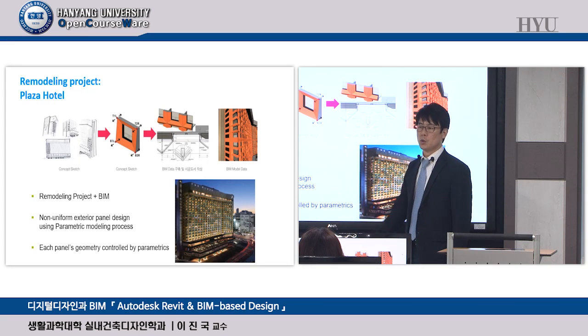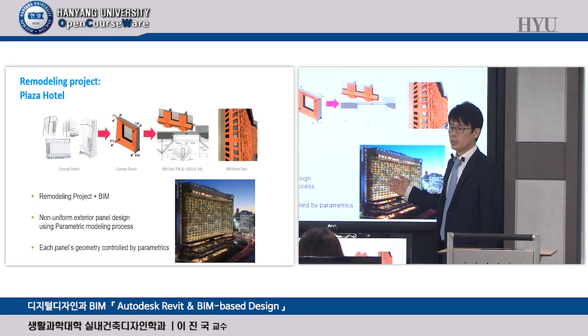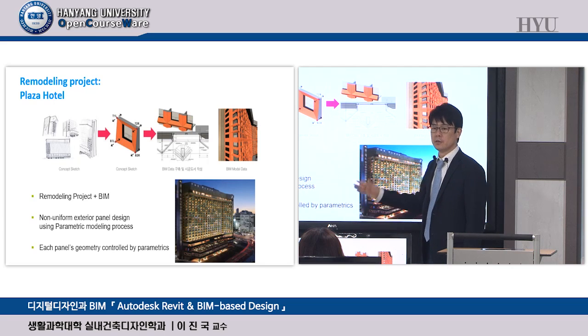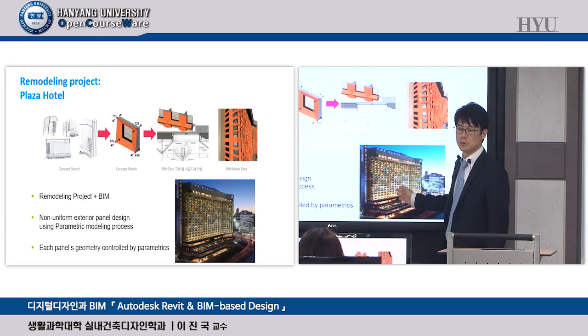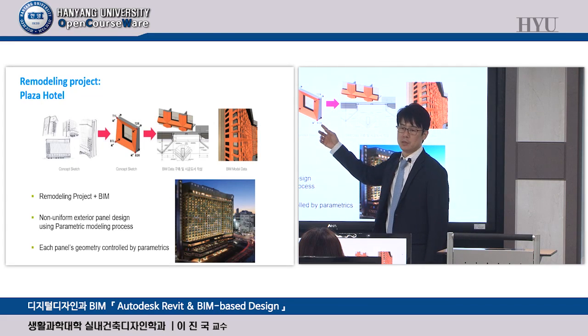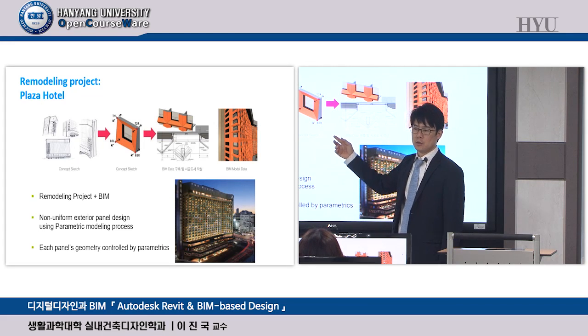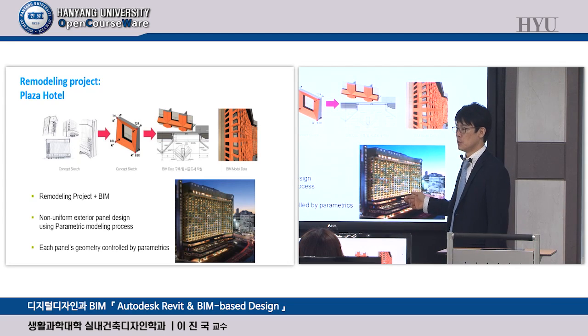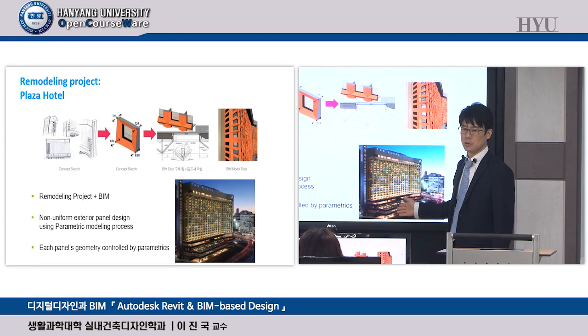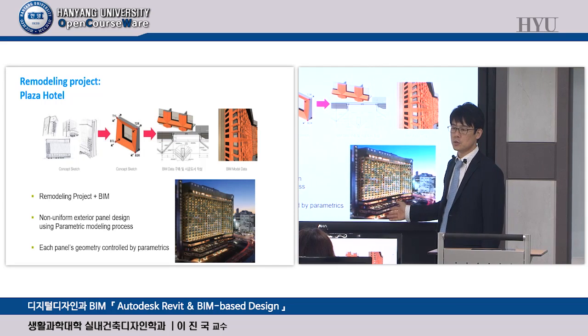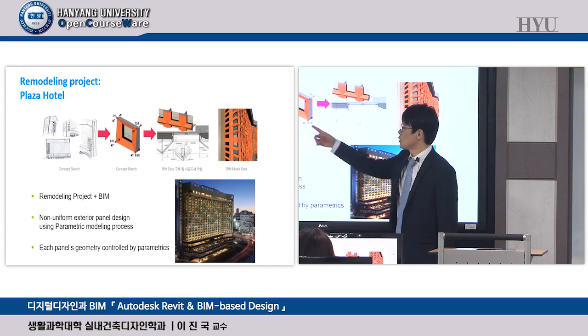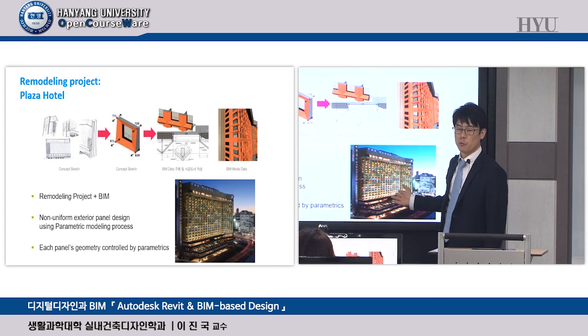Okay, so they are all supposed to be precisely manufactured, delivered, and installed. So without BIM or parametric modeling technologies, this is going to be really hard work on site, because no one knows which part is going to be installed where.